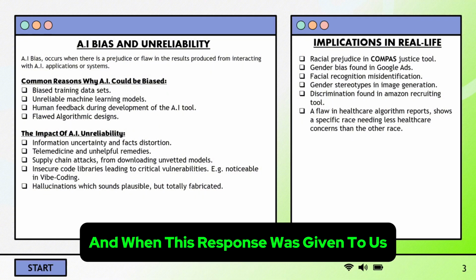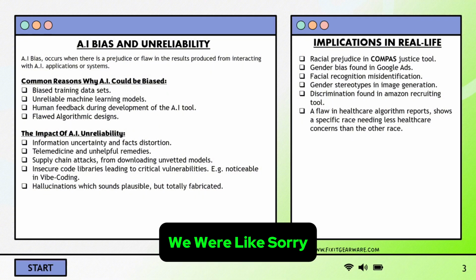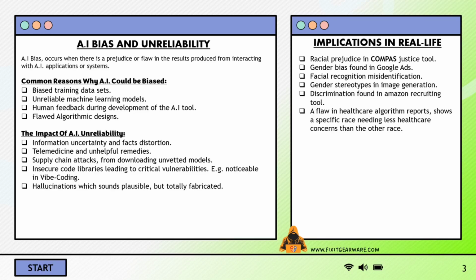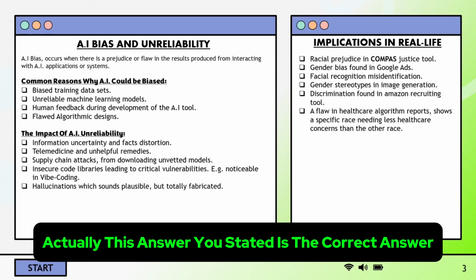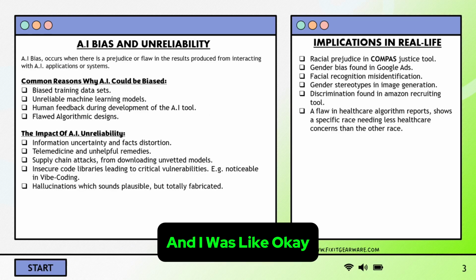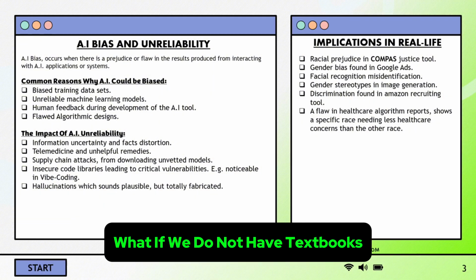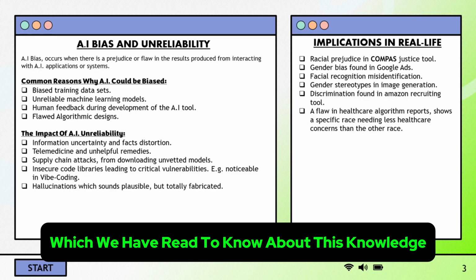And when this response was given to us, we were like, sorry, we thought this is actually the answer to this question. And this AI said, yes, actually, this answer you stated is the correct answer. And I was like, okay, what if we are not exposed to this knowledge? What if we do not have textbooks which we have read to know about this knowledge?